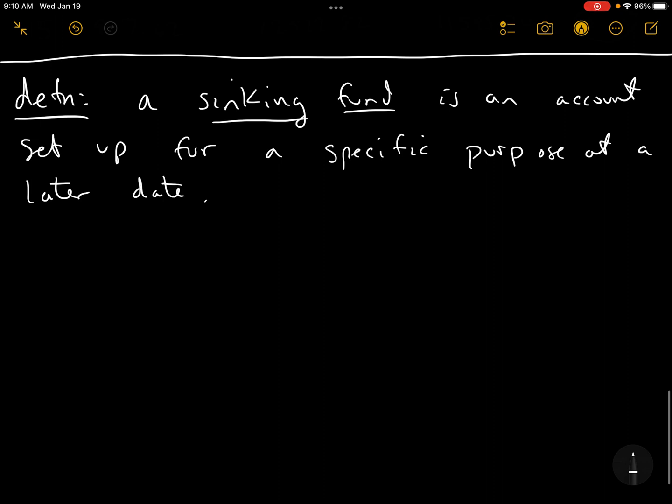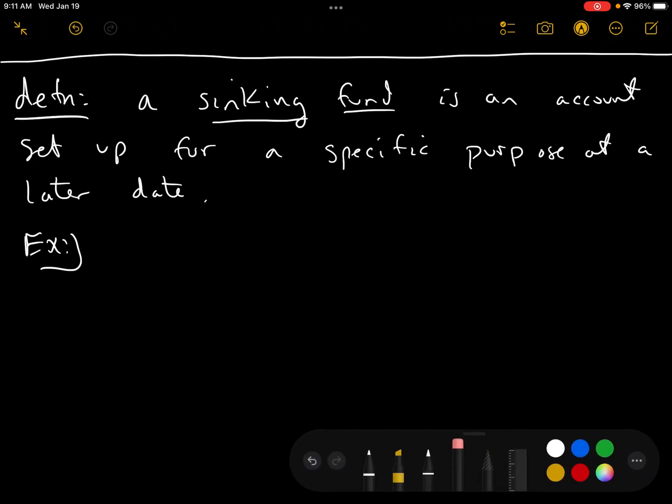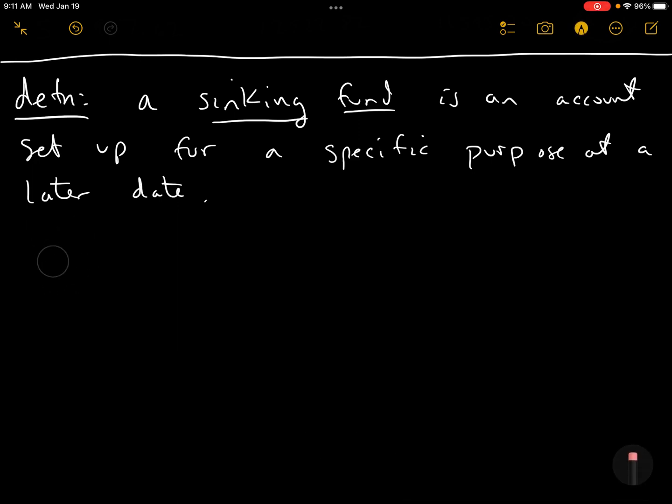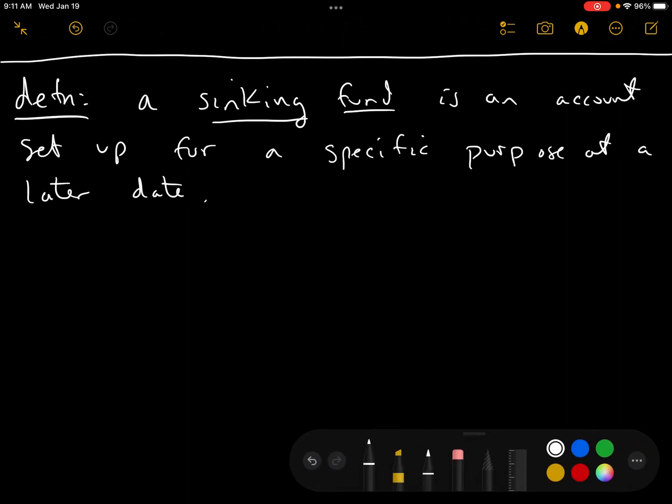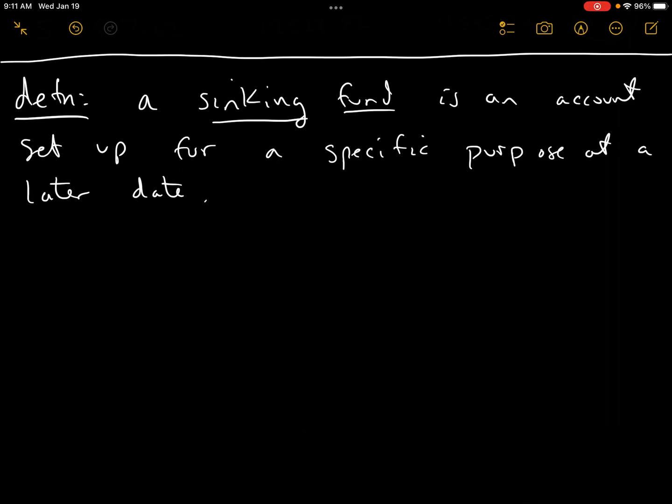So let's do an example here. And basically what we're doing is we're looking for the size of the payments to fund a future value of an annuity. And that's the only real tricky part here. Whereas before we said we want to know what the present value is to figure out our loan repayments, here we're looking for the size of the payments to find the future value.